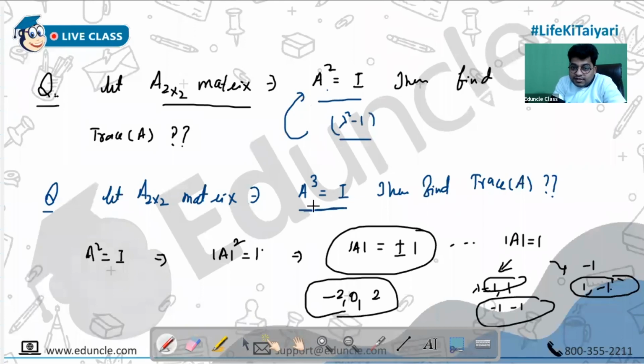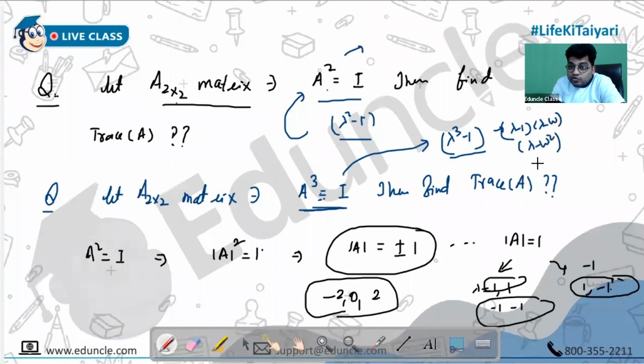But in this case, this is basically an annihilating polynomial. An annihilating polynomial of degree exactly the order of the matrix is a characteristic polynomial only. But if you say this is an annihilating polynomial, yes. But you cannot give me the answer as the characteristic polynomial, because this polynomial is lambda minus 1, lambda minus omega, and lambda minus omega square.